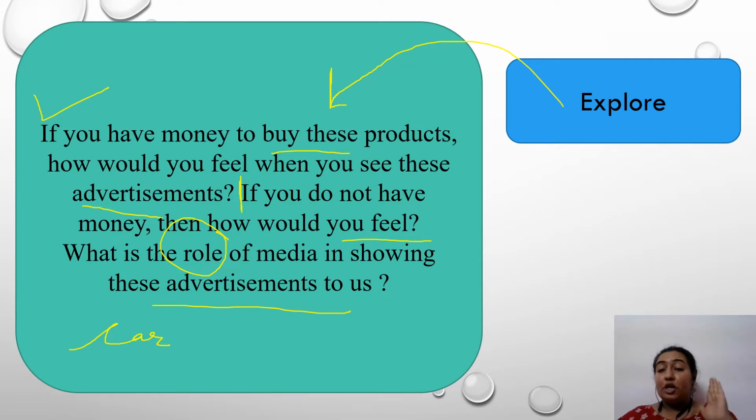Suppose he wanted to buy a car, he did not have a mindset about which car to purchase. He saw an advertisement of a particular car and simply decided, I'm going to purchase this car. So the role of media is to let us know the features, characteristics, additional advantages of any product which we are thinking to buy. Even if you are not thinking, they will show the advertisement in such a nice and attractive way that we intentionally tend to buy. So this is the role of media.